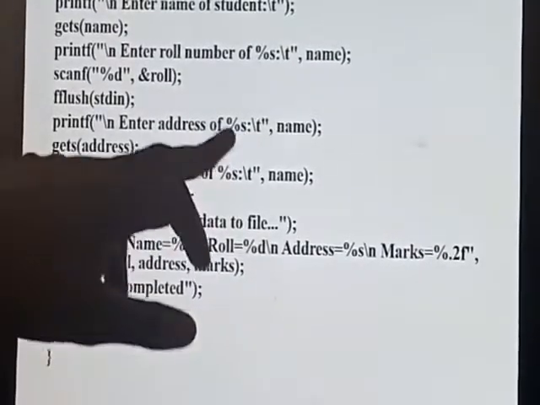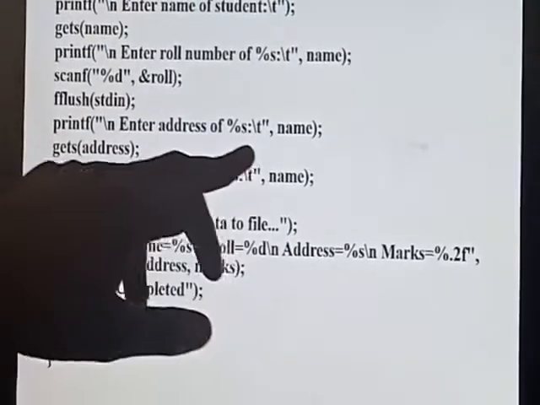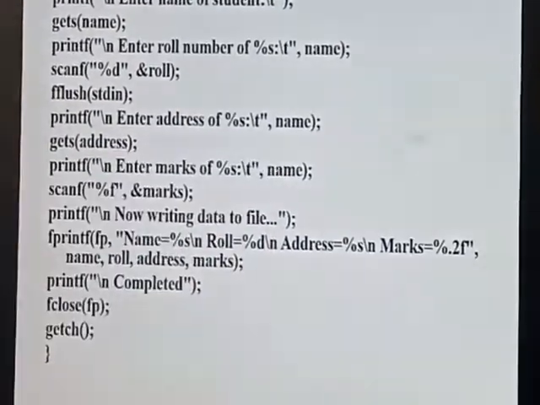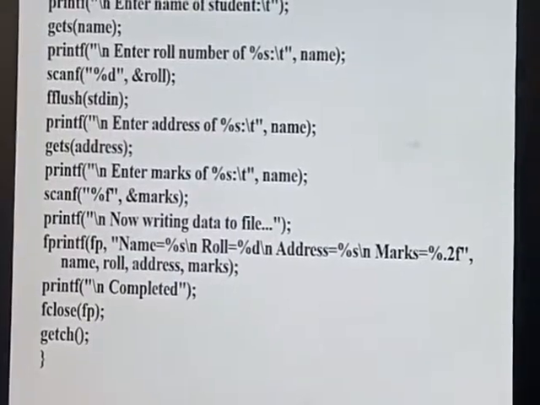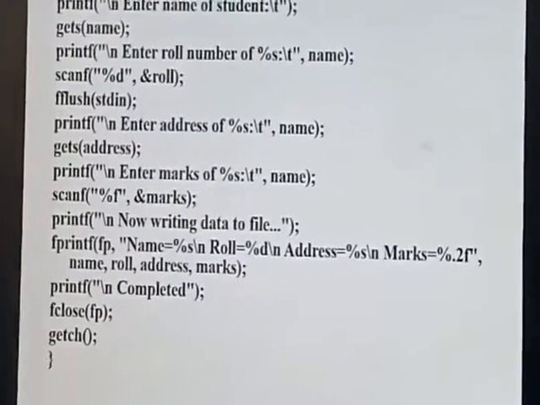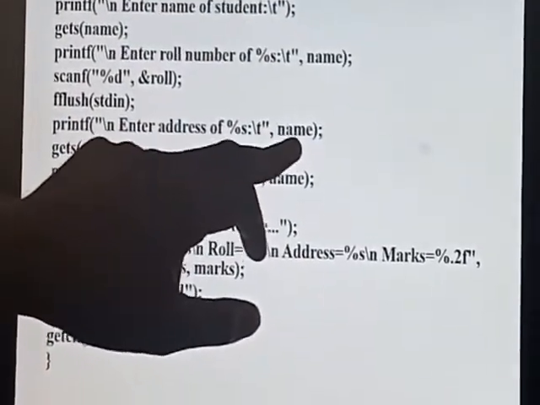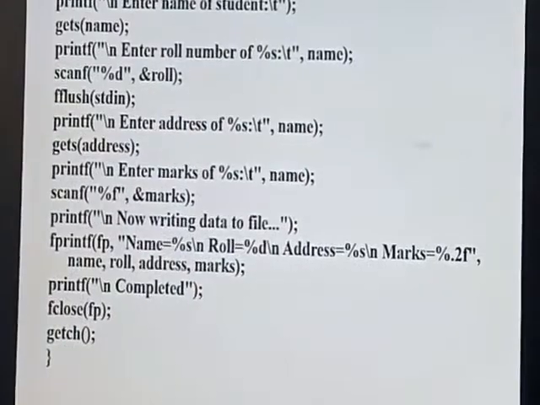If you press enter after reading the roll, this enter key value will be in name, and you cannot get the value of name that you want. Instead of the name, the enter key ASCII value will be stored, and you will not get the exact value.